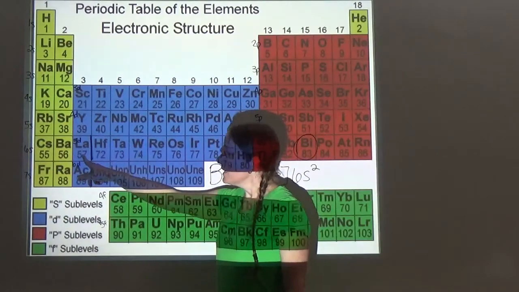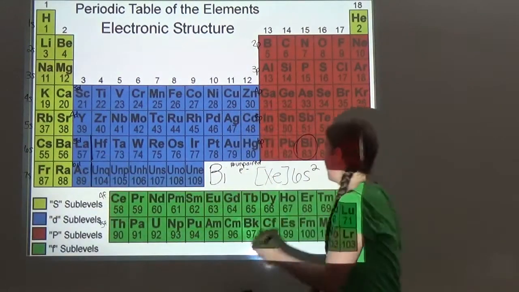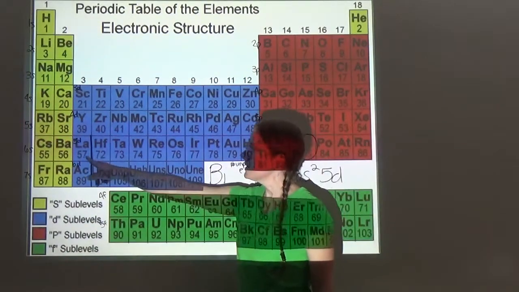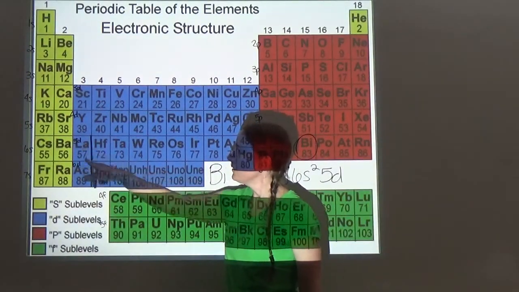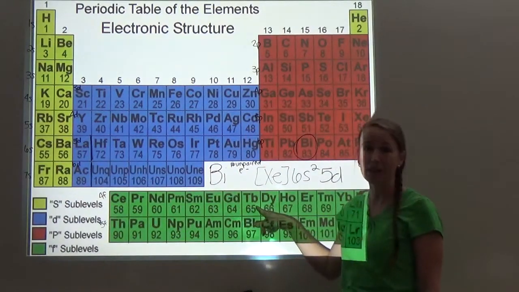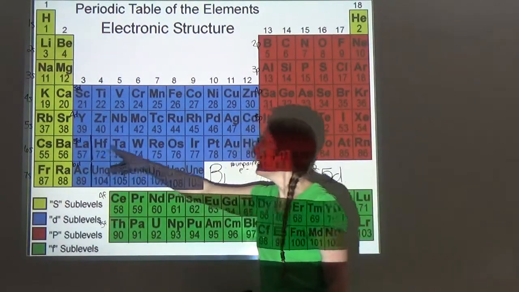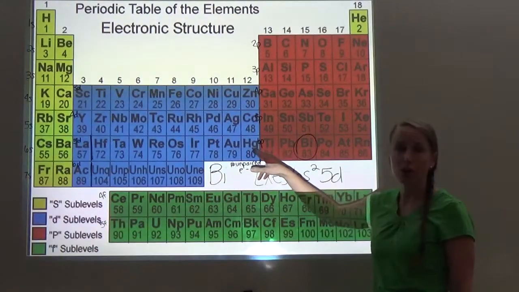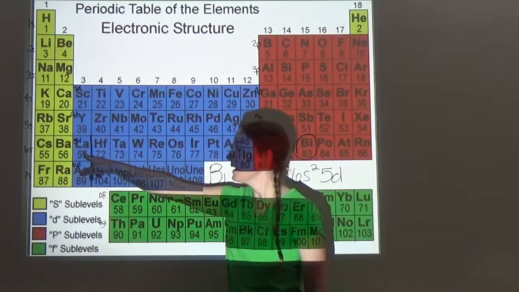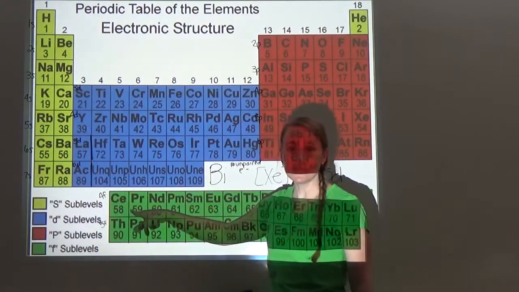So now I'm at La, which is 5d. But y'all, this is where it gets a little weird. You actually fill in 1 in 5d, because notice I'm about to leave 5d and go to 4f. So instead, even though I know eventually I need to fill in all 10, for right now, I'm just going to put 5d1, because I realize I'm going to head down here.